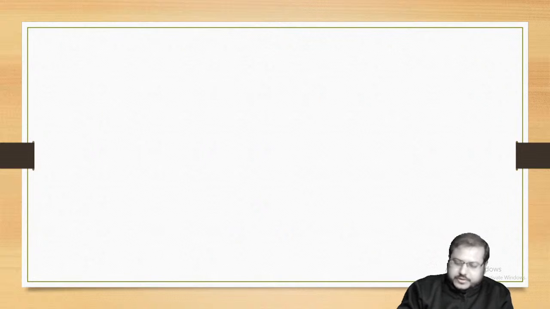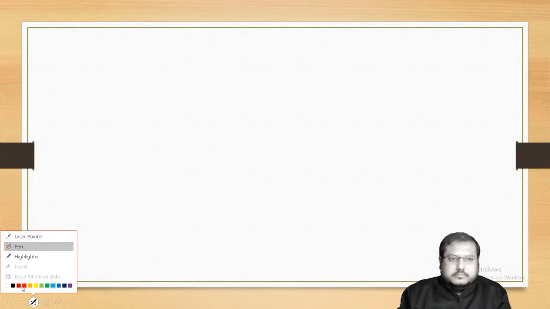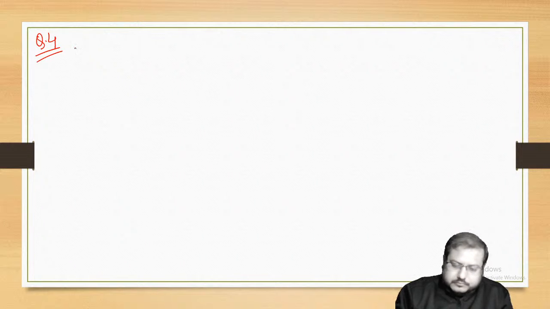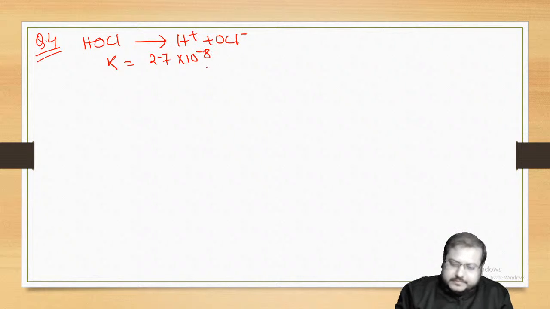The next question, question number 4. The equation given: HOCl giving you H plus and OCl minus, K value provided as 2.7 into 10 to the power minus 8.